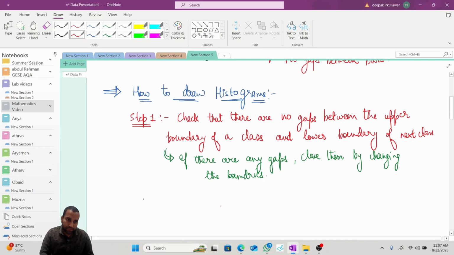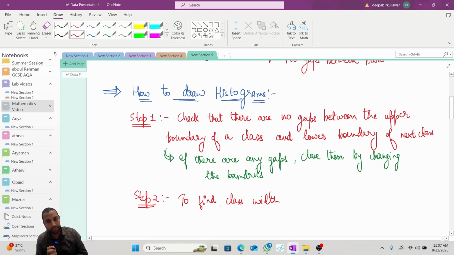Step 2 is to find the class width of the group. How do you find the class width? You subtract the lower boundary from the upper boundary.